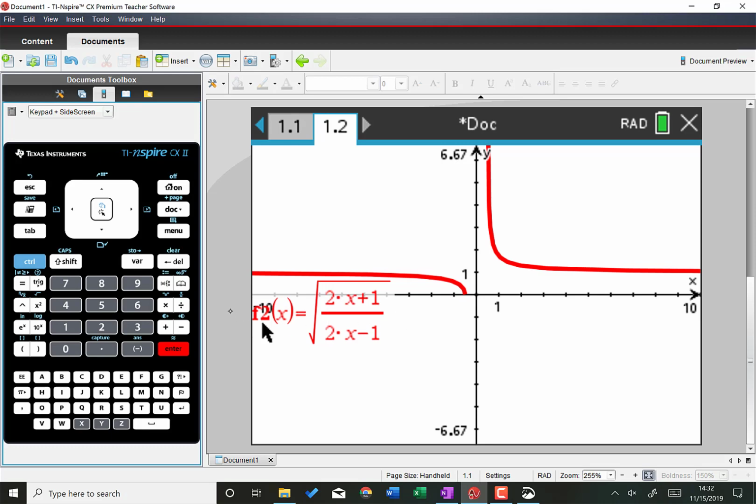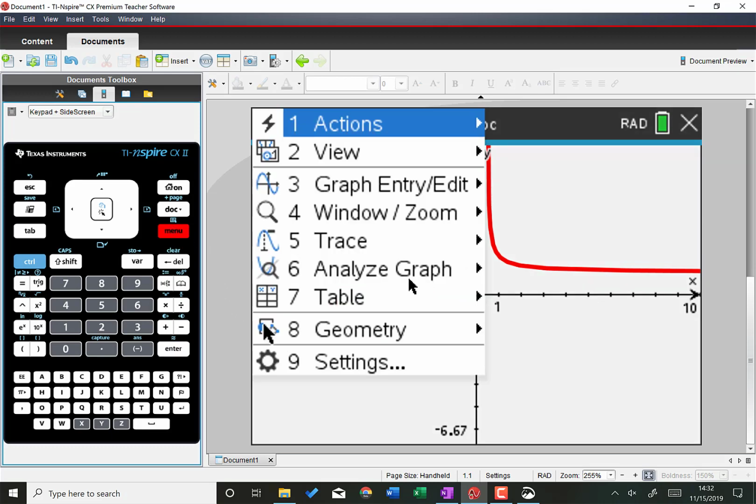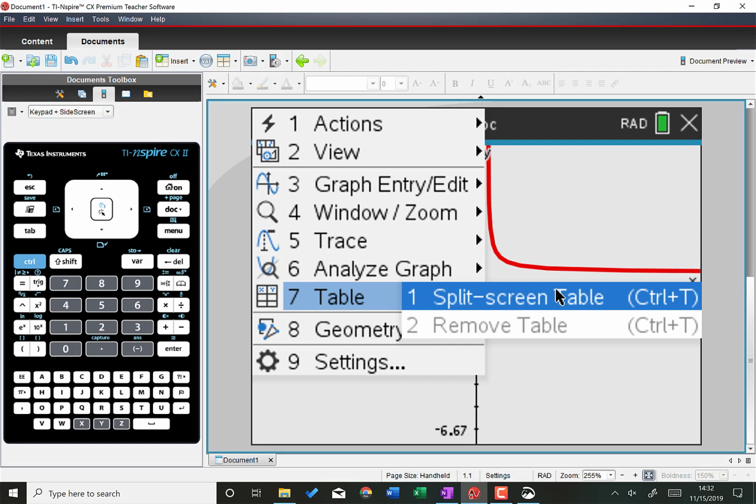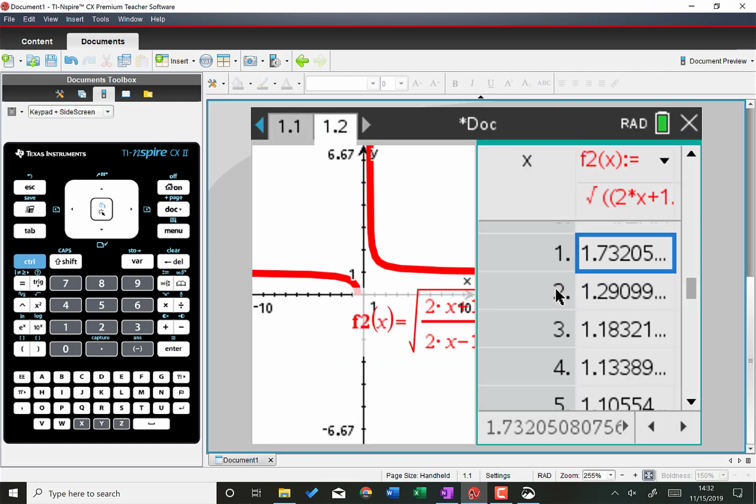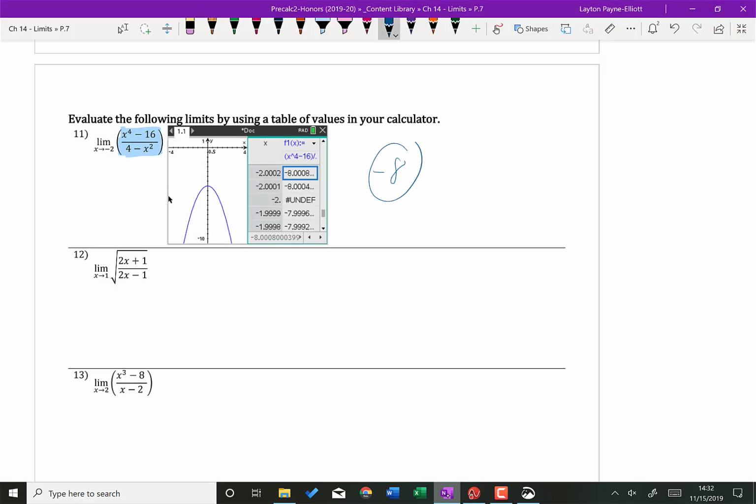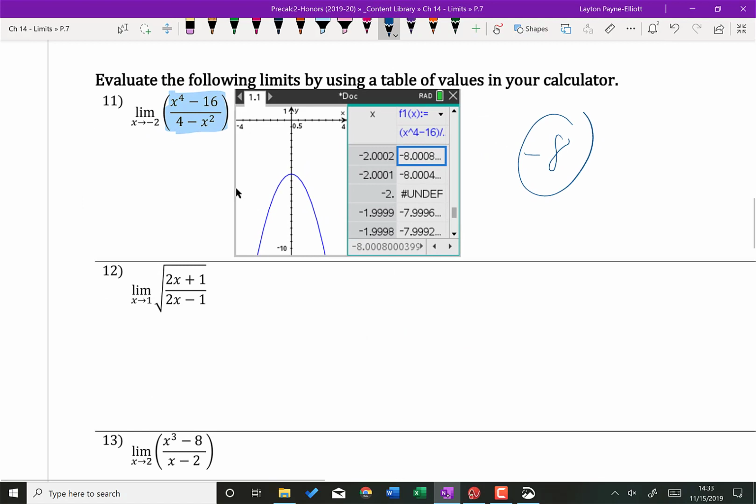Okay. So as x approaches 1, we're going to go menu, table, split screen table. Oh, I get 1.73. When you get 1.73, you may realize that I could have actually gotten that by plugging it in.